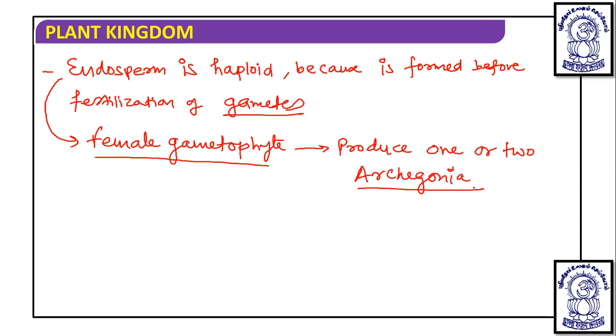One or two archegonia. Now we have just studied that the female gametophyte is small, but the female gametophyte is retained within the megasporangium. The endosperm is retained within the megasporangium. So one of the important points is that the female gametophyte, which is haploid here, remains retained within the megasporangium.